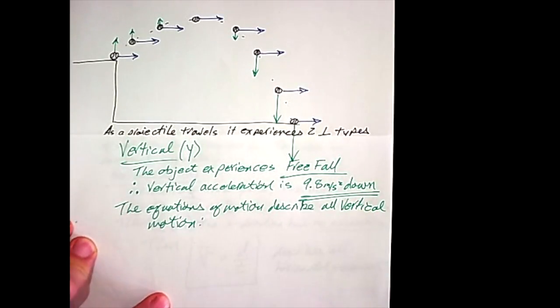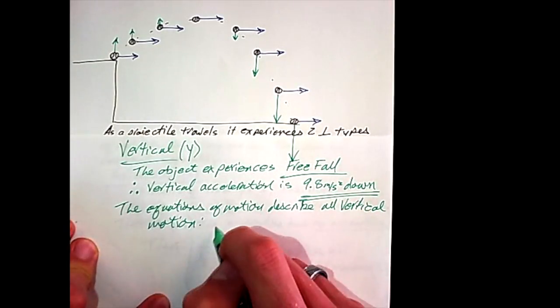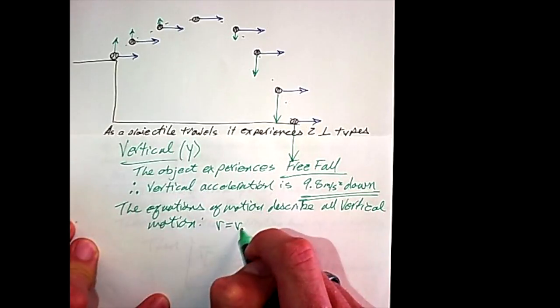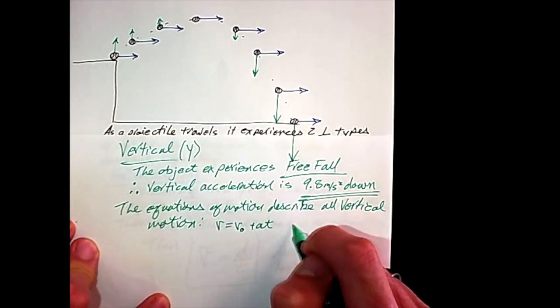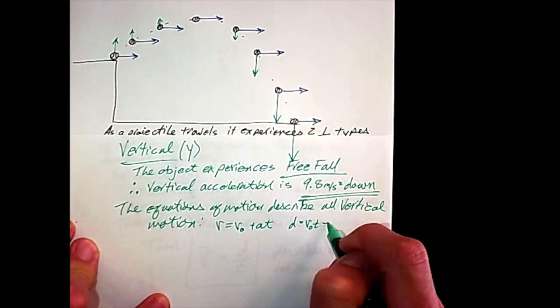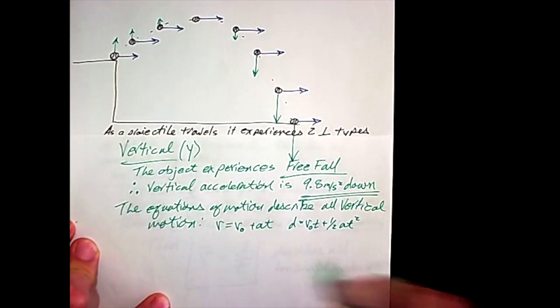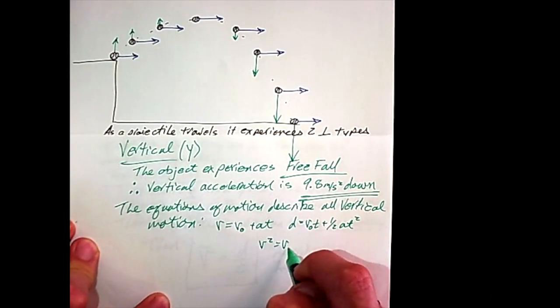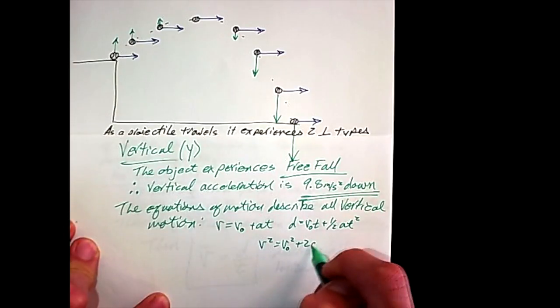So unlike v equals d over t for the x's, now we're going to be using v equals v naught plus at, d equals v naught t plus 1/2 at squared, and v squared equals v naught squared plus 2ad.